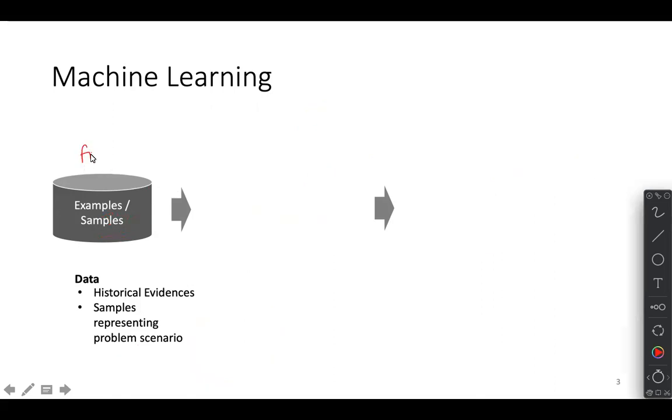So this will contain fraud and non-fraud transactions. And of course these will be the historical evidences, and what kind of sample or data set you will create will depend on the problem scenario. We'll look at some of the problem scenarios in the next few slides.